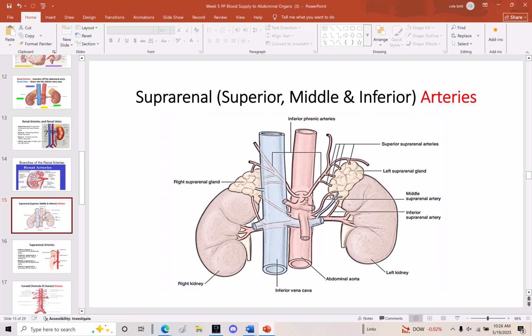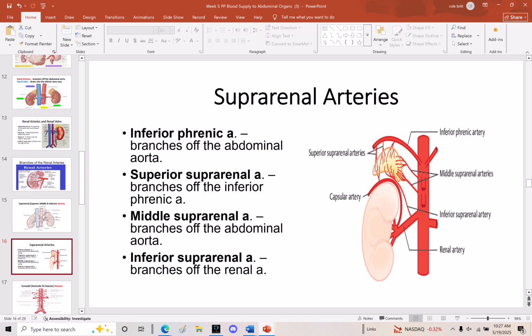You have the suprarenal vein going into the renal vein on the left, and on the right, a lot of times it goes directly to the IVC because, here again, the IVC is slightly to the right of center in the abdomen. If you're looking in the abdominal cavity, the IVC actually covers the right suprarenal vein unless you pull it out of the way. It actually covers most of the right kidney.